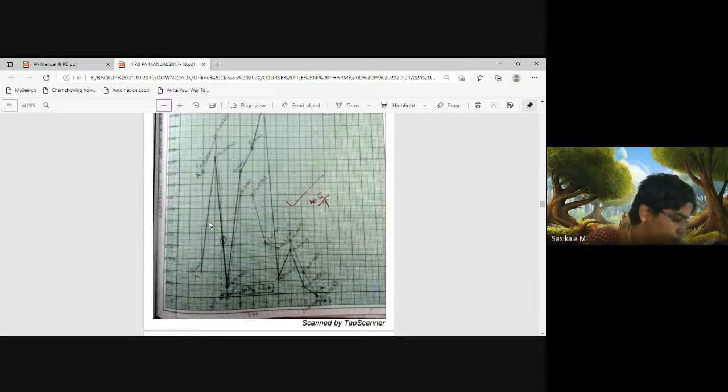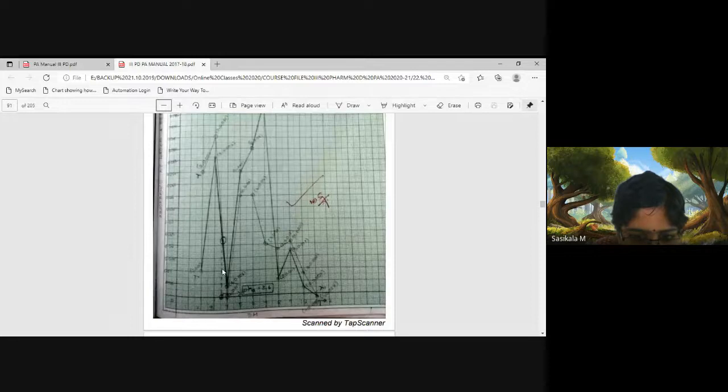For lambda 2, you have to draw all the points. You have to connect all the points by hand only. So you will be finding the inflection point.